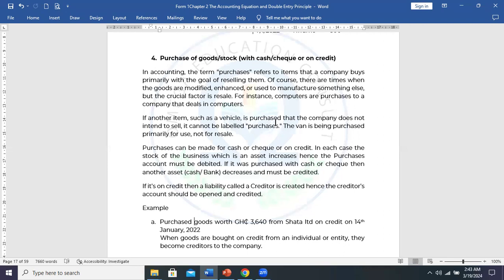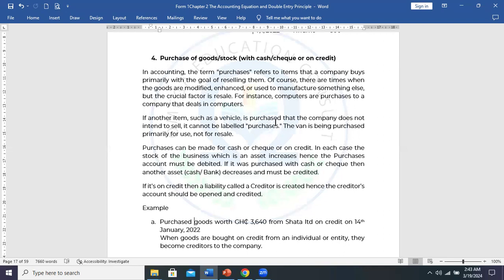Okay, I think I understand your question. Yes, anytime you see purchase of goods, you open purchases account, right? And this time, because you are purchasing the goods, the stock will increase or the goods will increase. And when asset stock is increasing, we debit it. So you are going to debit your purchases. You see, the opposite is when you sell. When we sell, we open sales account and credit it because the asset stock is decreasing.